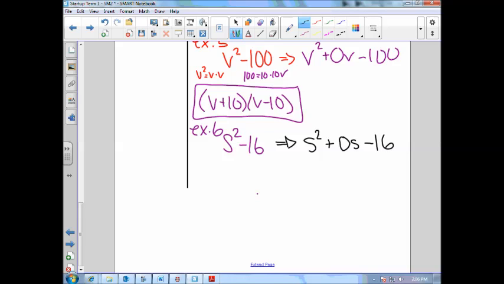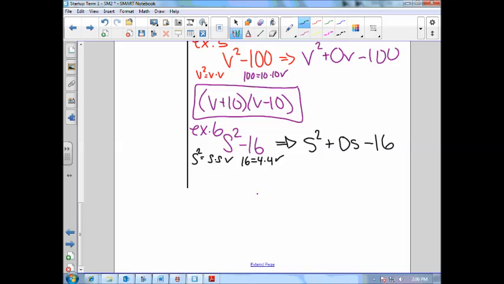Okay, is s squared a perfect square? Because s times s, those are s's, not 5s. Okay, now Lexi, what about 16? Is 16 a perfect square? Yes. Because what times itself is 16? 4 times 4. Yep, because the square root of 16 is 4.